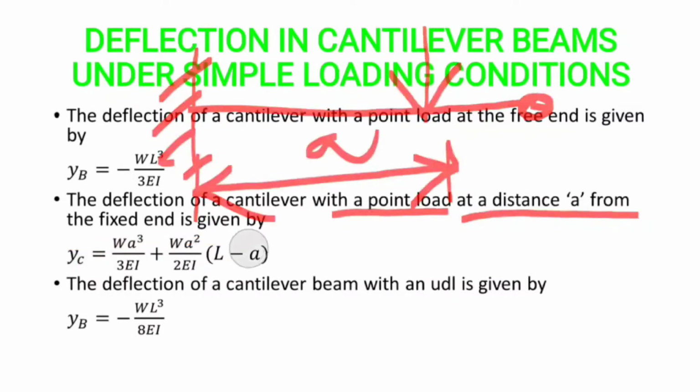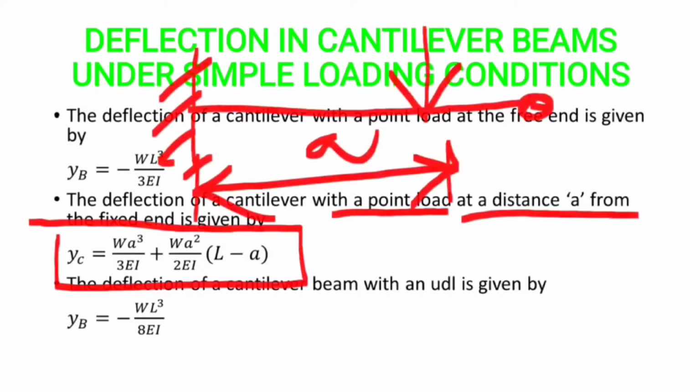Then the deflection formula changes to Yc = WA^3/3EI + WA^2/2EI (L - A). For all the cases, derivations are there, but derivations are not needed. That's why I provide a direct formula. Please remember the formula to solve the questions. That's enough.